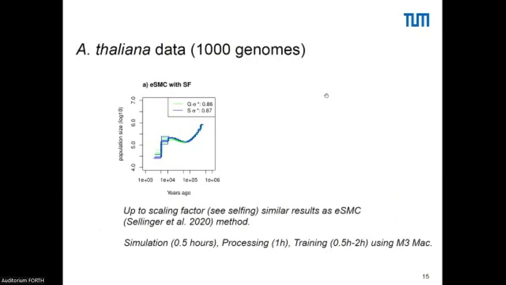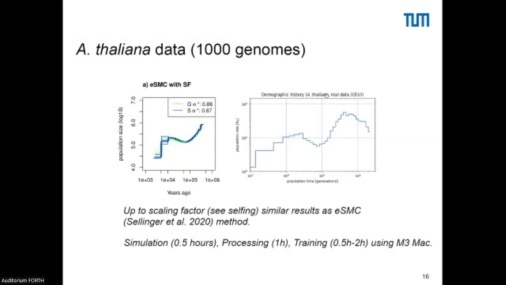To show also some results on real data, here we have from an SMC paper, eSMC, which inferred the demography of Arabidopsis thaliana under, in addition to selfing, also dormancy. And I just use also some Central European Arabidopsis samples.